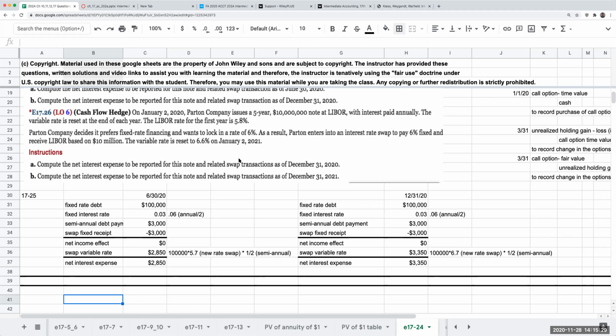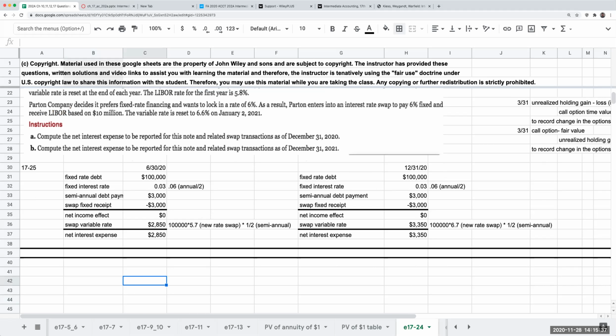Okay, so let's see over here. For January 2nd, 2020, the variable rate debt is going to be 10 million. The variable rate is 5.8%, for a full year.